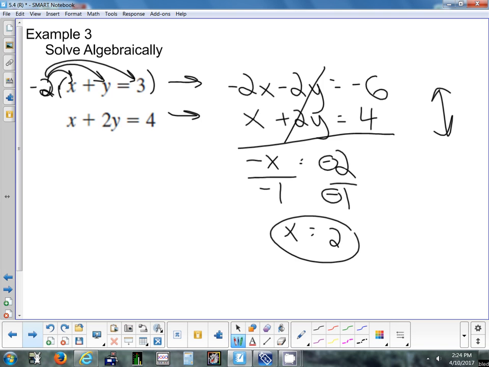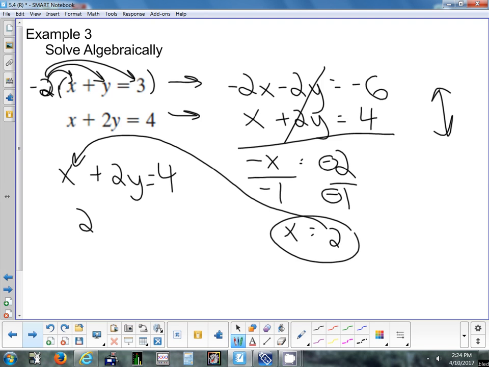That's okay. What do I have to do now? Once I get that x, Kyle, you want to go top or bottom? Bottom. We could have used either one, Kyle, because x is alone in both. But Kyle said bottom one. I'm going to write it out. X plus 2y equals 4. I'm going to draw an arrow and point it to x. 2 plus 2y equals 4.